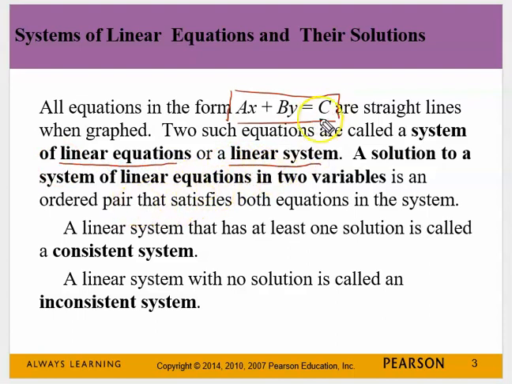We're looking for a situation in which there may be a point where these two equations intersect. If they have at least one intersection, it's considered a consistent system. And if they are parallel lines and will never intersect, they are an inconsistent system. Again, some key background vocabulary.